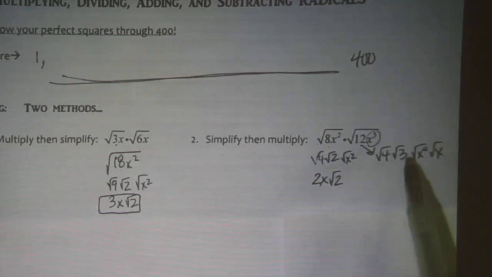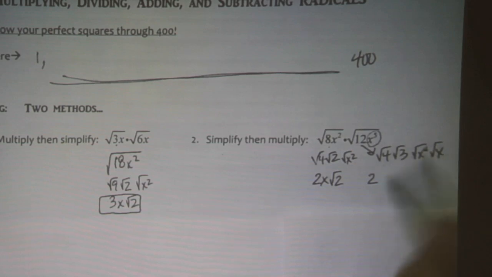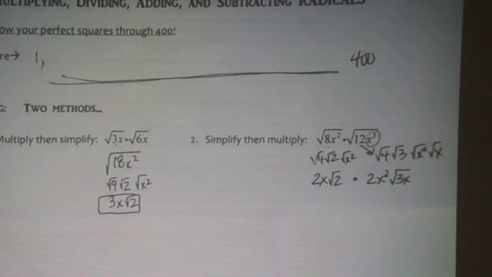We have root 4, root 3, root x to the 4th, and root x. The square root of 4 is 2. The square root of x to the 4th is x squared, and then you've got 3 and an x left under the radical. Remember that you're still multiplying these.